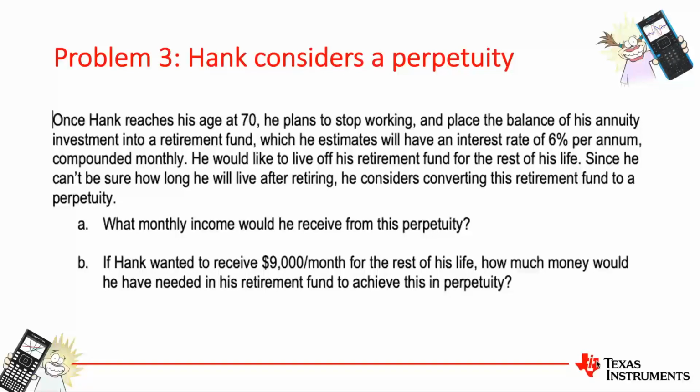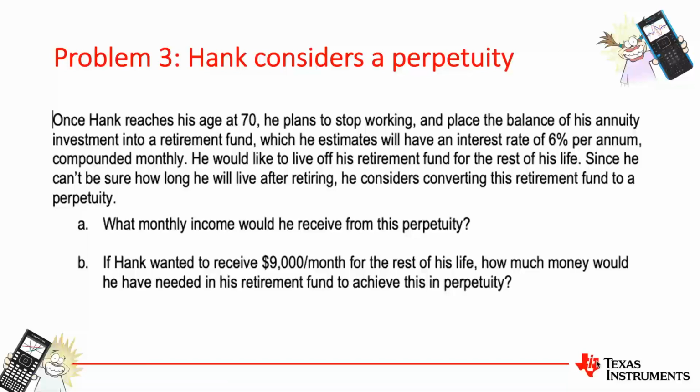And it's very difficult to predict what the interest rate will be 50 years hence from when he was 20. But for the purpose of this analysis, he's decided that it's probably going to have an interest rate of about 6% per annum, compounded monthly this time.